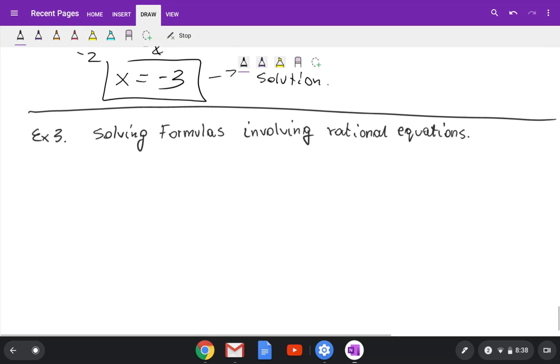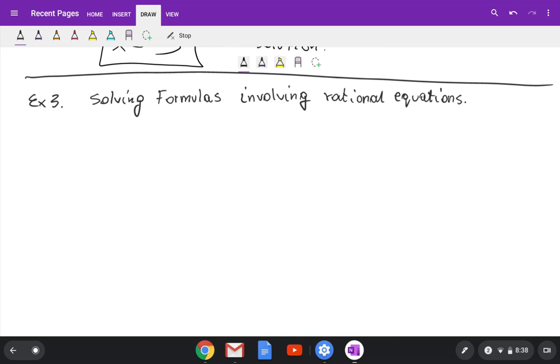In this example, we need to solve for t. Okay, and that's our problem. C equals r times t divided by d. And we need to solve for t.